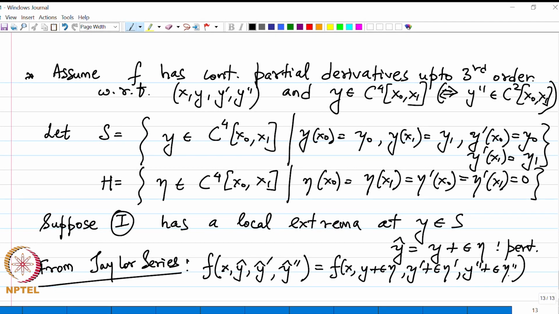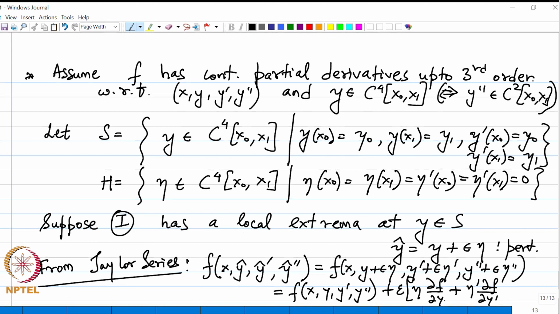We further see that once we use Taylor series, we get to the point where this is also equal to f of x comma y comma y prime comma y double prime plus epsilon eta. The first order terms are as follows: eta del f del y plus eta prime del f del y prime.